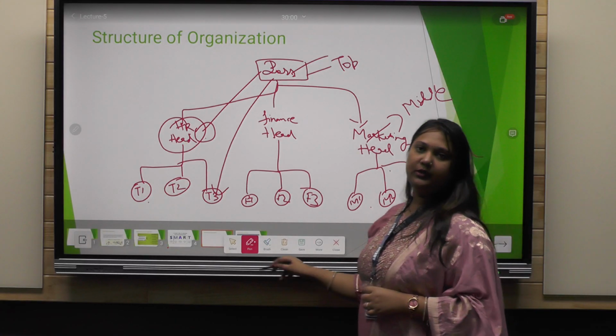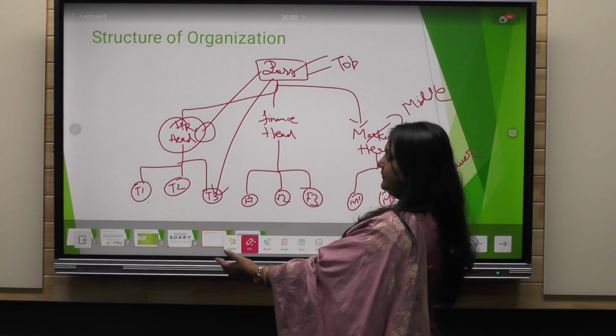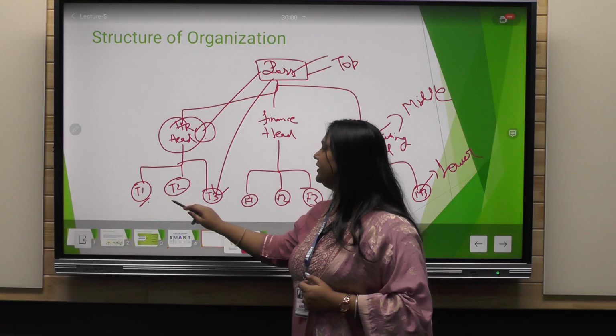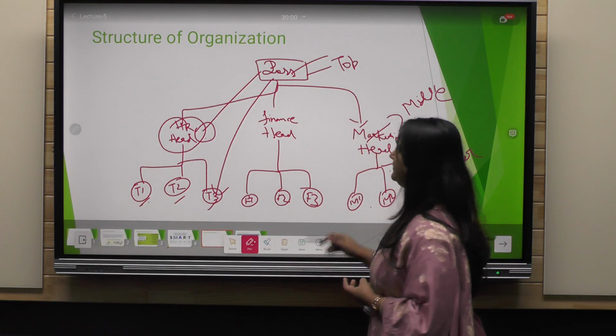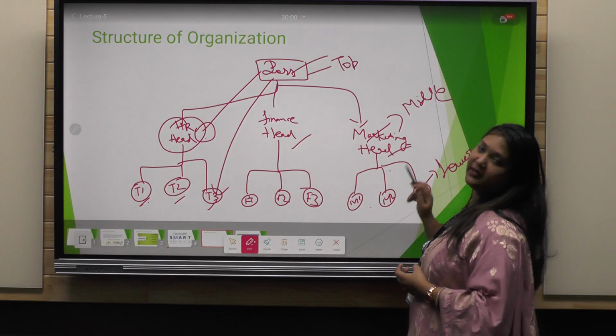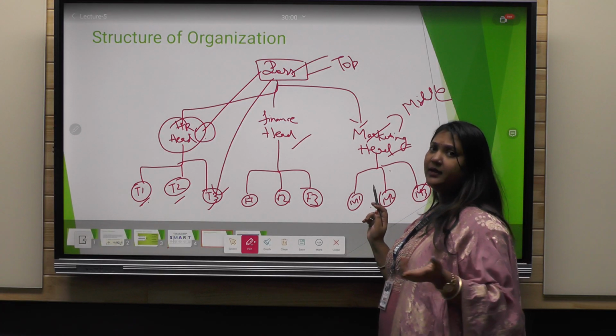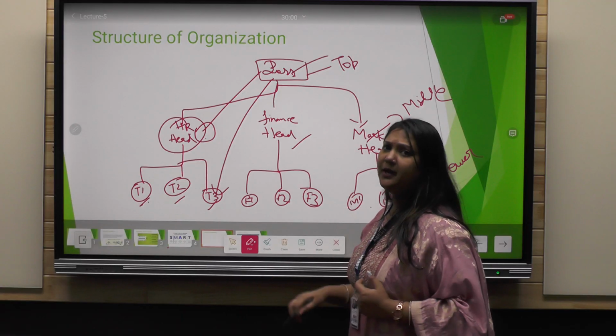If we talk about this structure, then team 1, team 2, team 3 have three members or there can be more, and the same for finance, marketing, production and any other department.